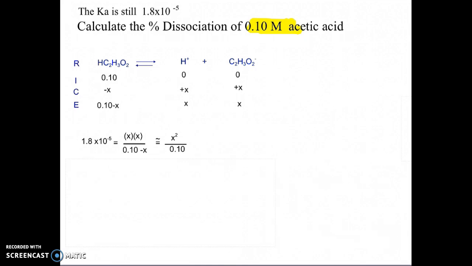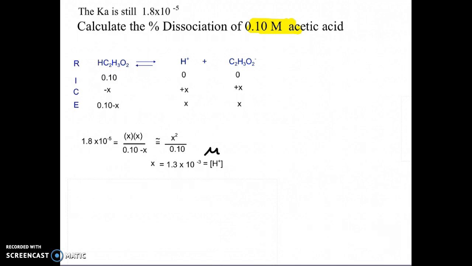It's still going to be within that 5% rule. When I calculate this, and I'll make sure that I put an M there because it is a concentration, the hydrogen ion concentration ends up being 1.3 times 10 to the negative 3 M.